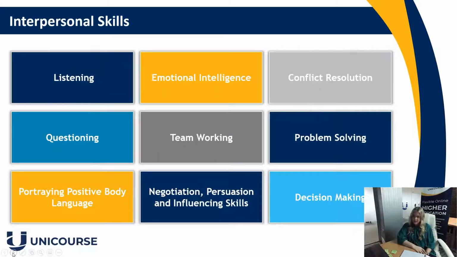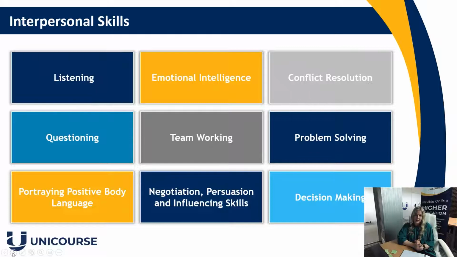So just going over the interpersonal skills that I feel are probably the most important, but you might feel that you have different interpersonal skills that are useful within your industry or your organisation. But mainly active listening is probably one of the key points.